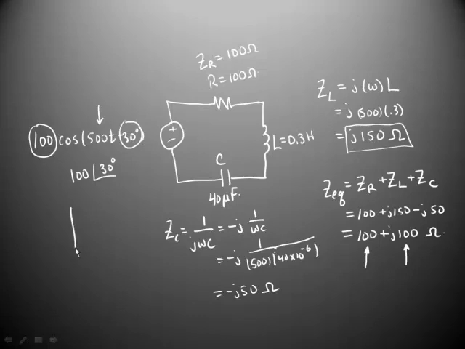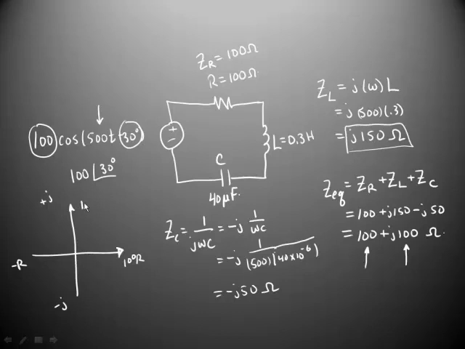If we think about these three impedances on the complex plane, the resistor is purely real. It has a length of 100. The inductor is purely imaginary.